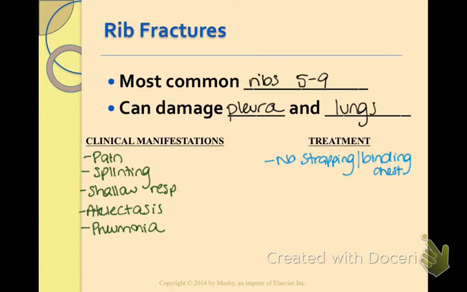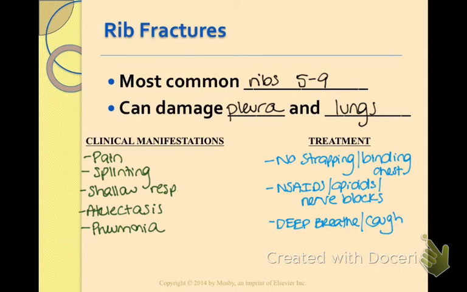We used to strap or bind the chest because we thought that that would help put pressure and decrease the pain. But that actually made atelectasis and pneumonia worse because we weren't getting the full chest expansion. We do use good pain medicines, NSAIDs, opiates, even nerve blocks if we need to. We want to encourage them to deep breathe and cough and use an incentive spirometer.